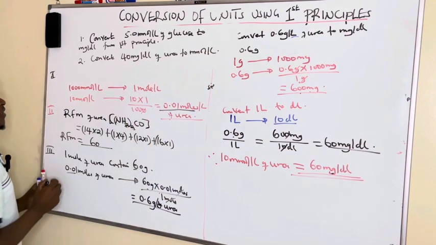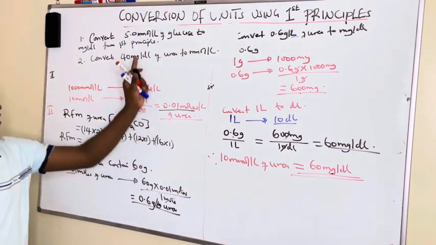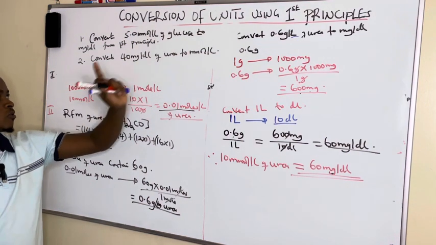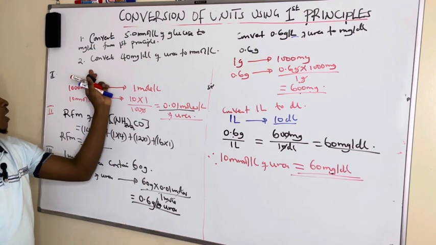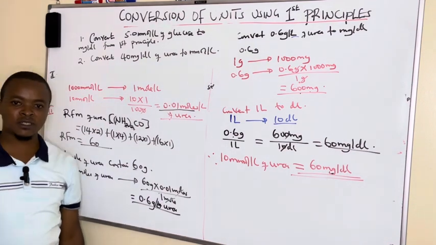You can inbox me the answer after doing it. This is the exercise. Convert 5.0 millimoles of glucose to milligrams per deciliter. And I also want you to convert 40 milligrams per deciliter of urea to millimoles per liter.